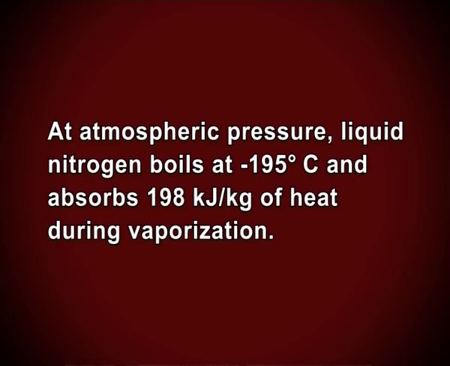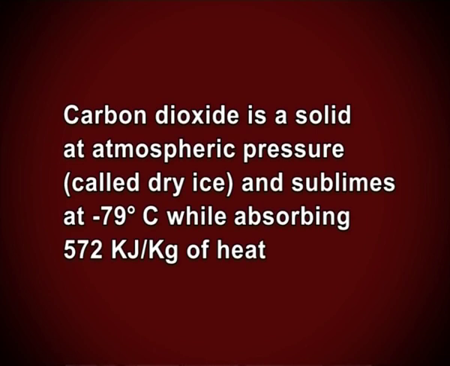At atmospheric pressure, liquid nitrogen boils at minus 195 degrees centigrade and absorbs 198 kJ/kg of heat during vaporization. Carbon dioxide is a solid at atmospheric pressure, called dry ice, and sublimes at minus 79 degrees centigrade while absorbing 572 kJ/kg of heat.